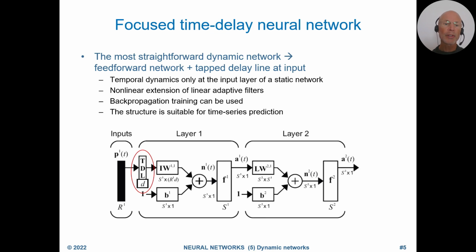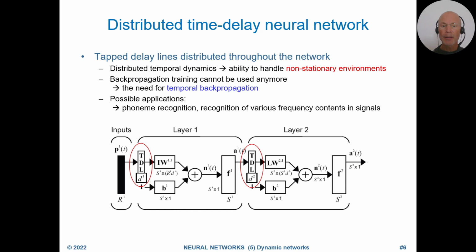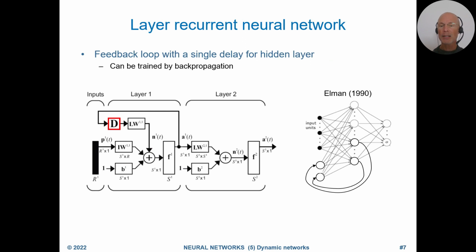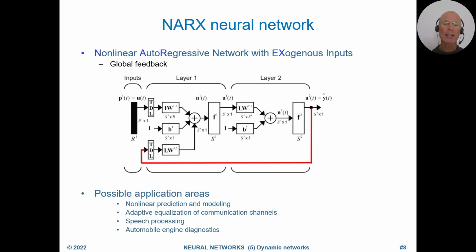With this we can already build focused time delay neural network, and if we delay also internal layers, we get into the distributed time delay neural network. The next one is the layer recurrent neural network with some internal feedback between the layers. And the final one is the NARX neural network, the nonlinear autoregressive network with exogenous inputs, which is a very powerful structure.